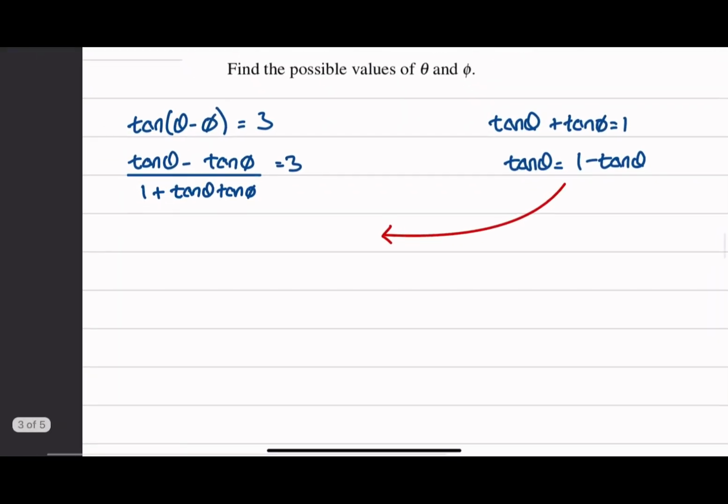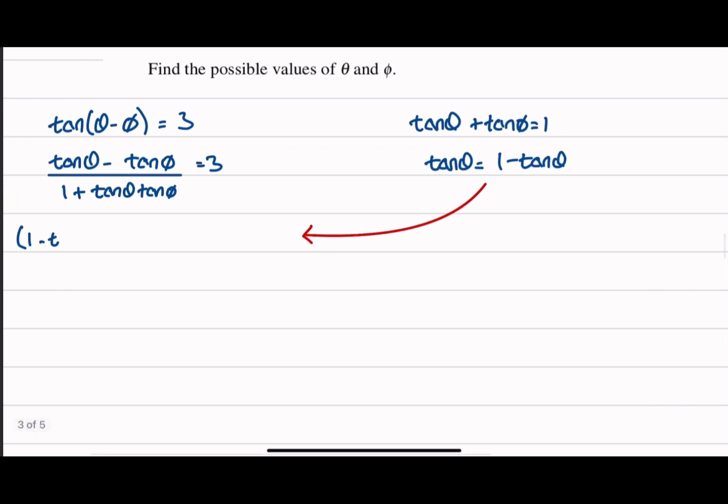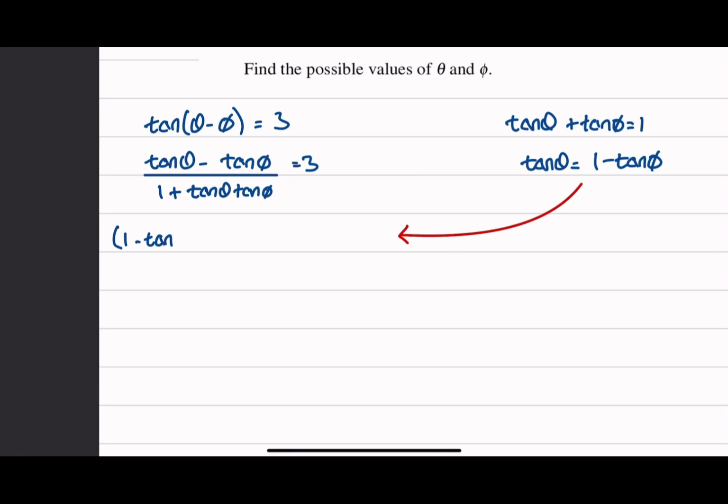So what we'll be left with is 1 minus, oh wait, equals 3.